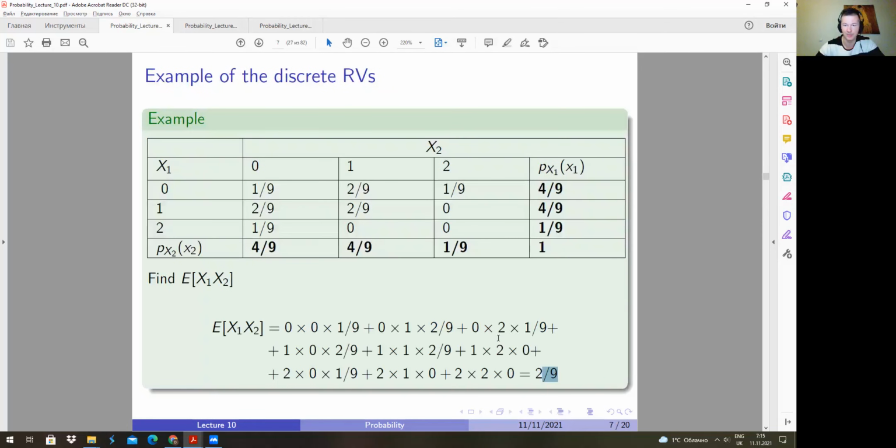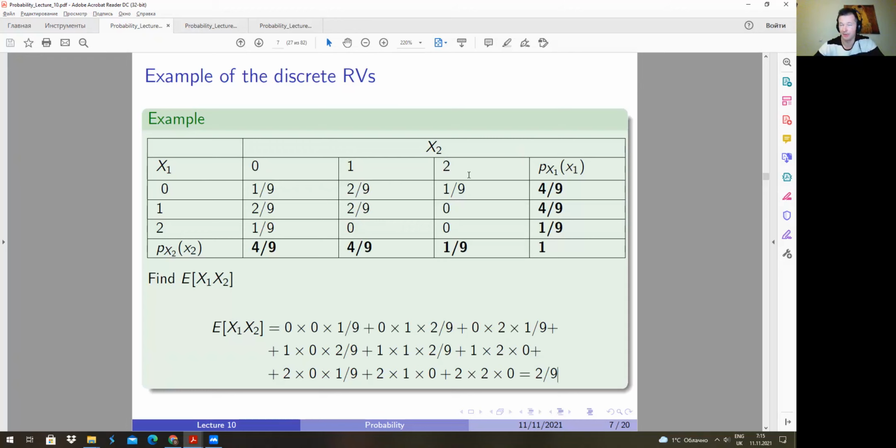Yeah. So the calculation is quite simple for this particular case, but in practice it's ugly because you need to calculate all the combinations of the possible values of x1 and x2. And basically it makes a nice illustration of why we want to substitute the discrete case with the continuous case.